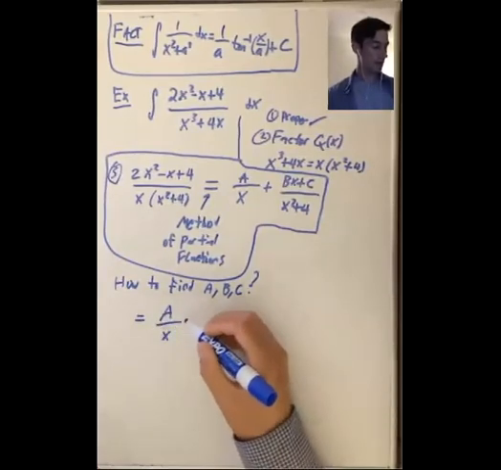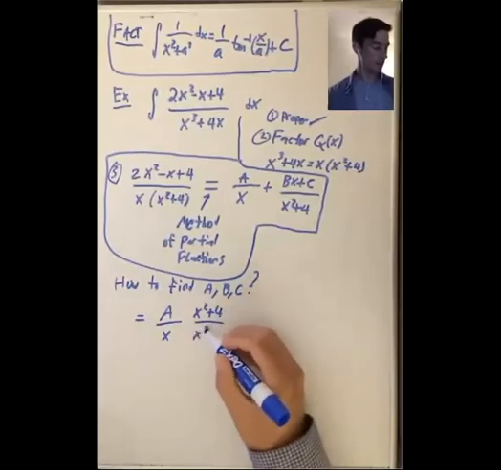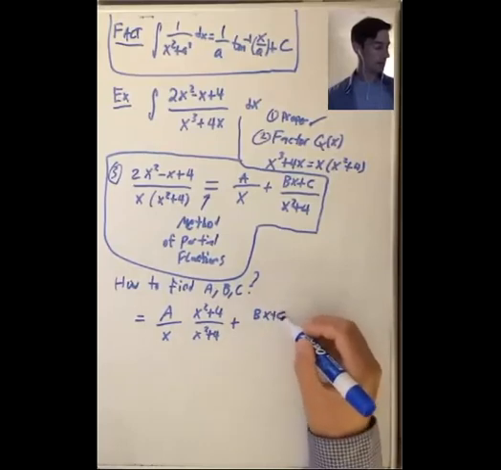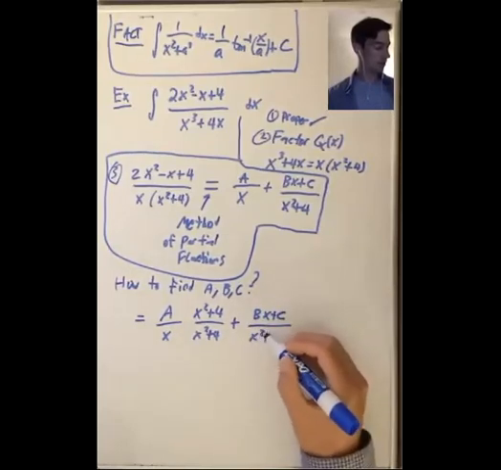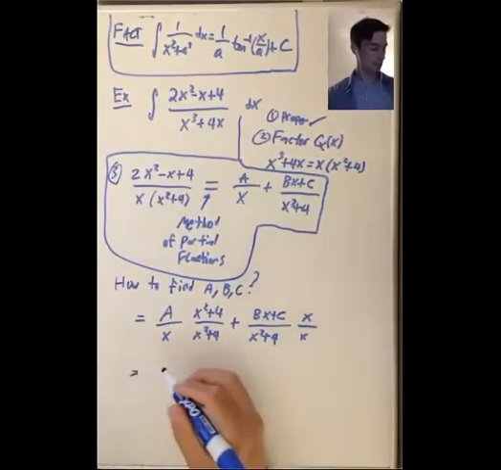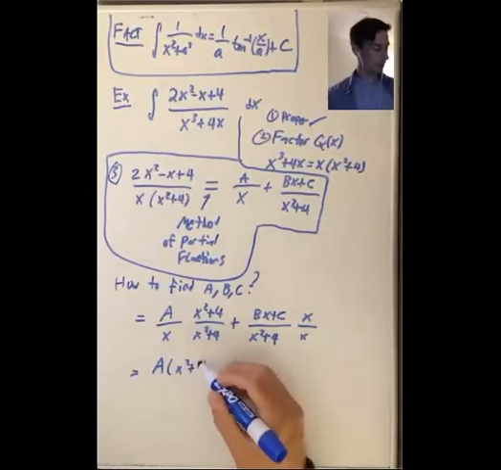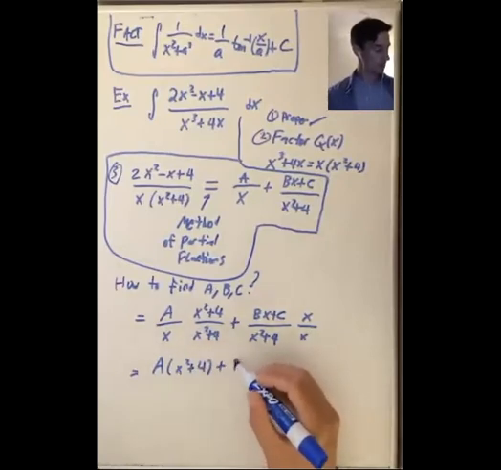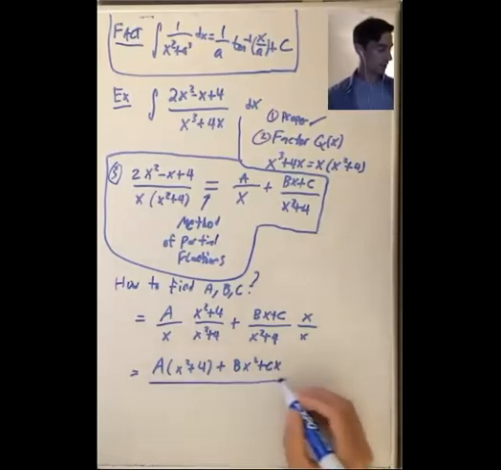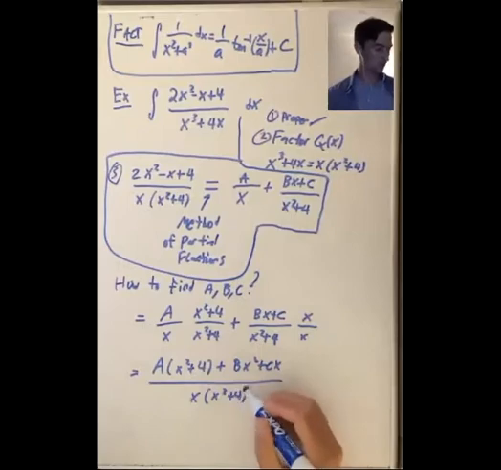So we have a over x times x squared plus 4 over x squared plus 4, plus bx plus c over x squared plus 4 times x over x. So this gives us a times x squared plus 4 plus b x squared plus cx over x times x squared plus 4.